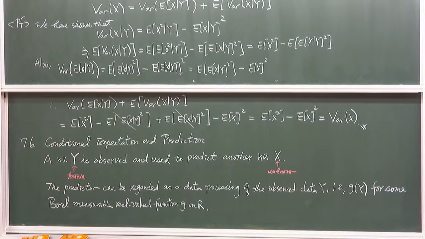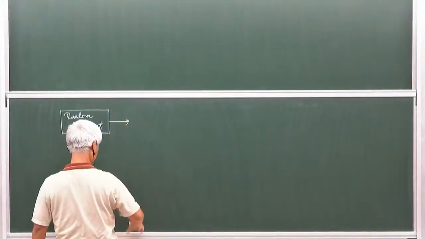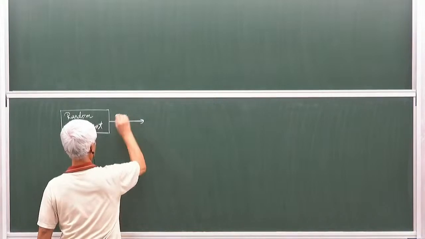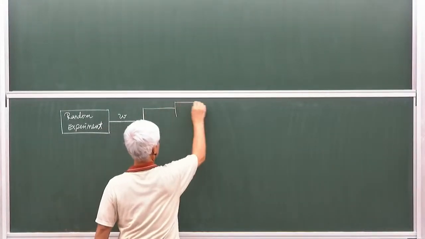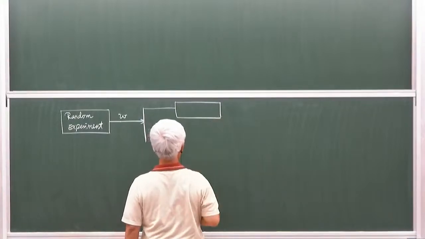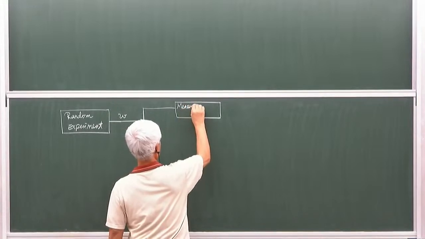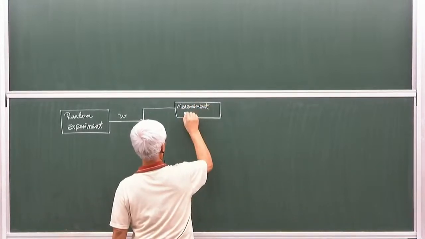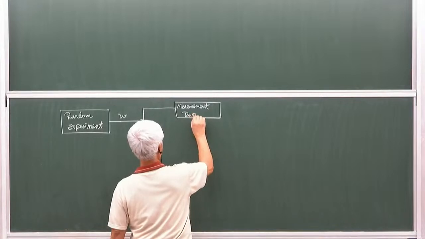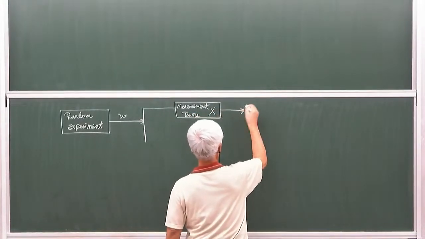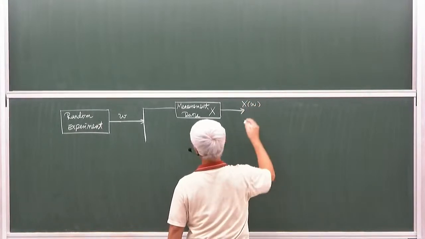Okay, so this is the random experiment, and we have an outcome omega. There is a measurement device X, so the output is X of omega.